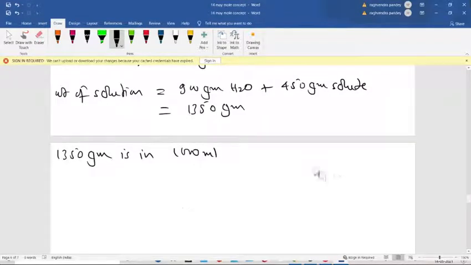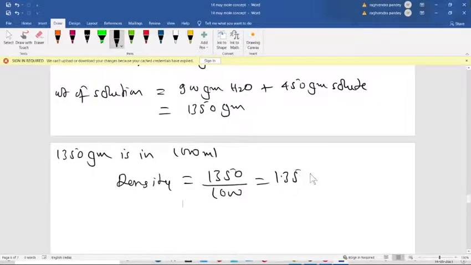And it is in 1000 ml, so density is your 1350 upon 1000, so that is 1.35 gram per ml. So this is your density.